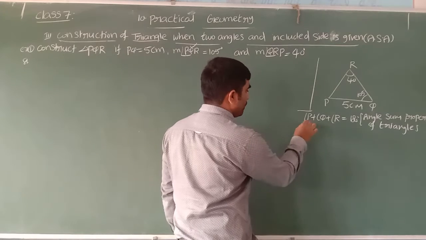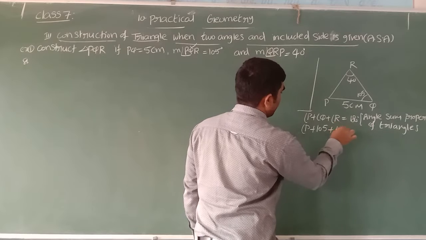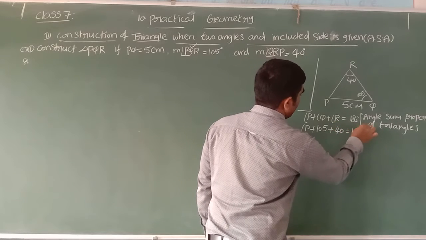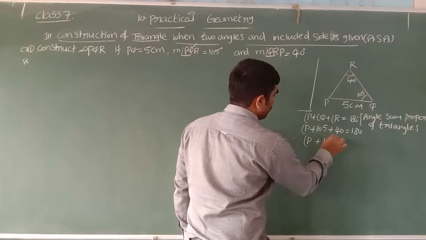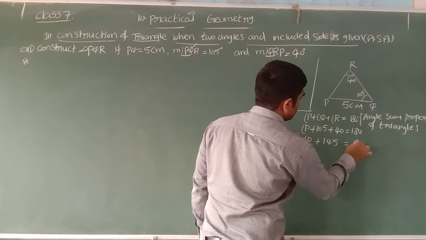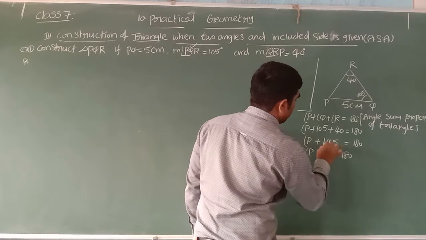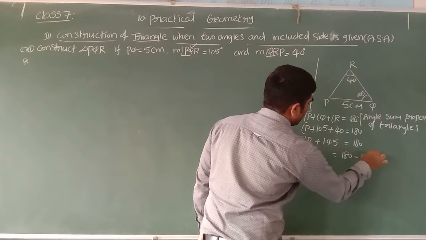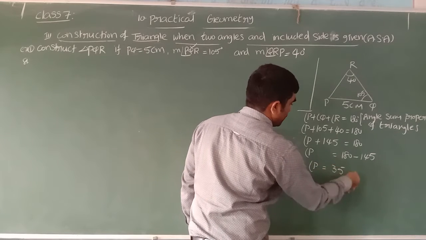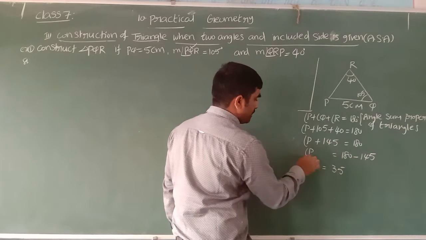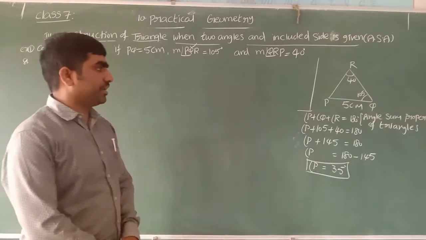The measure of angle P we don't know, and angle Q is 105 degrees plus R is 40, equal to 180. So angle P plus 105 plus 40, we can write 145, is equal to 180. Now angle P is equal to 180 minus 145, by transposing. Angle P is 35 degrees. 140 plus 30 is 170, plus 10 is 180. Yes, the measure of angle P is 35 degrees.